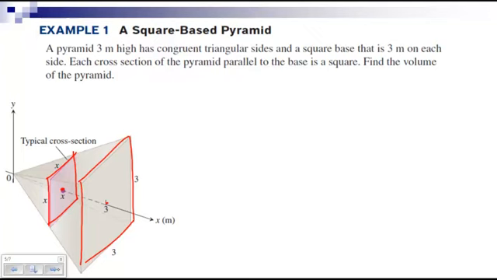Or if I said at some arbitrary value x, what do you think the area of that cross-sectional square is going to be? x squared. So if our general form for these answers is the volume equals the integral of A sub x dx, in this case A of x is x squared. You give me a value for x, I can give you back the area of the cross-sectional square at that point.